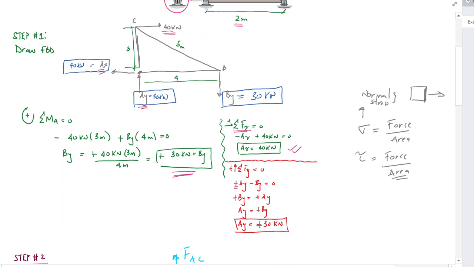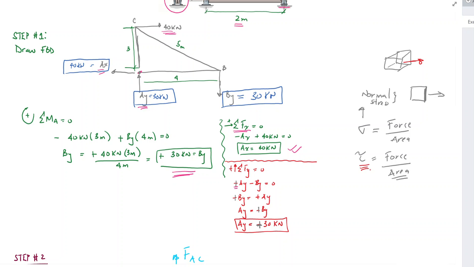If I draw a cube, the force is always perpendicular to that face. Now what about shear stress? Parallel with the face, exactly. Keep that in mind because we're going to need that as we go on.